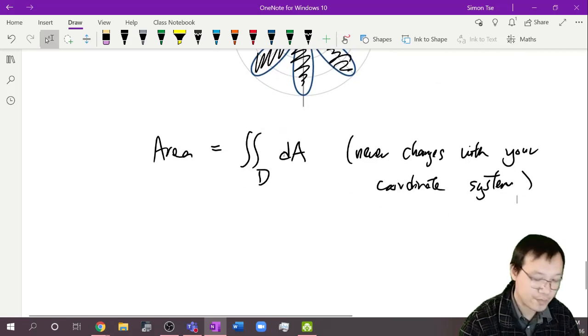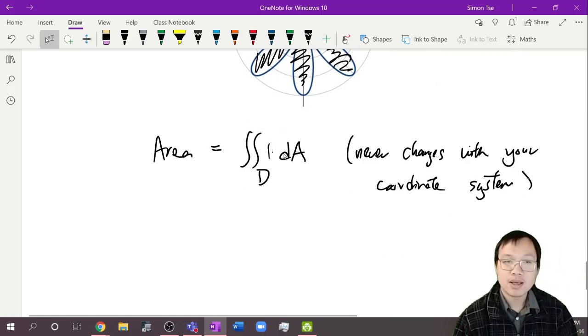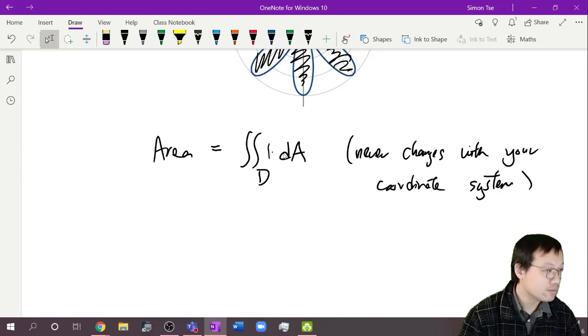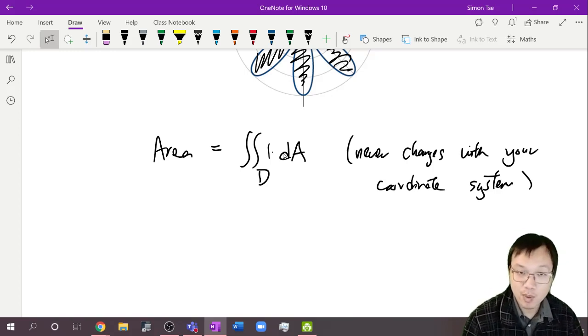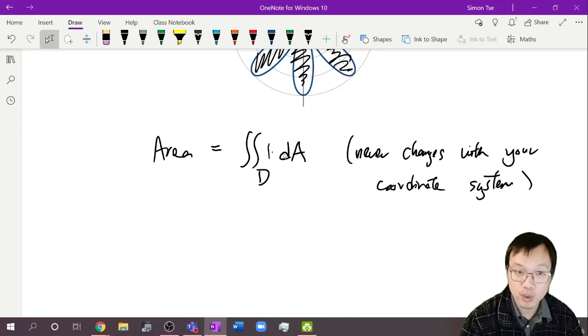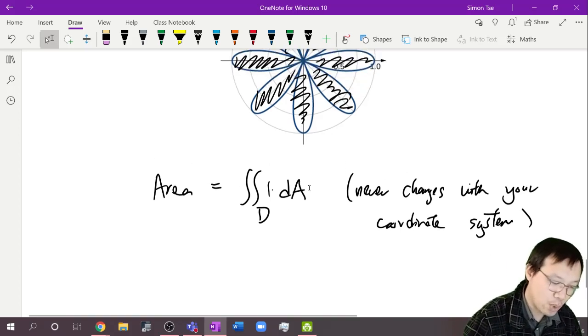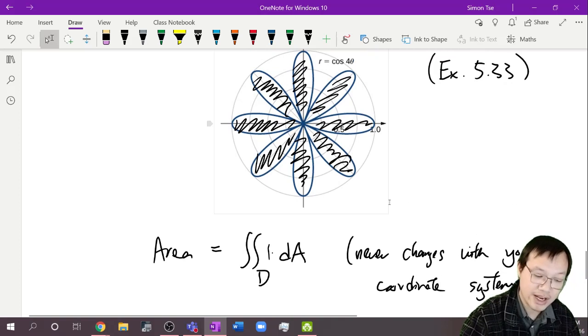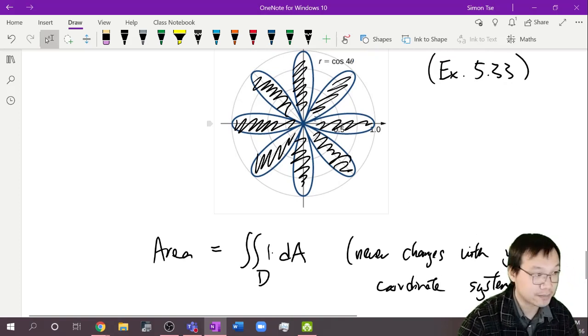This is the formula. So it's just 1 times dA. But what's changed now is that you can replace dA by just dx dy, and a more convenient one is to use the polar coordinates. And for the polar coordinates, you also need to figure out how you can express dA in terms of it.